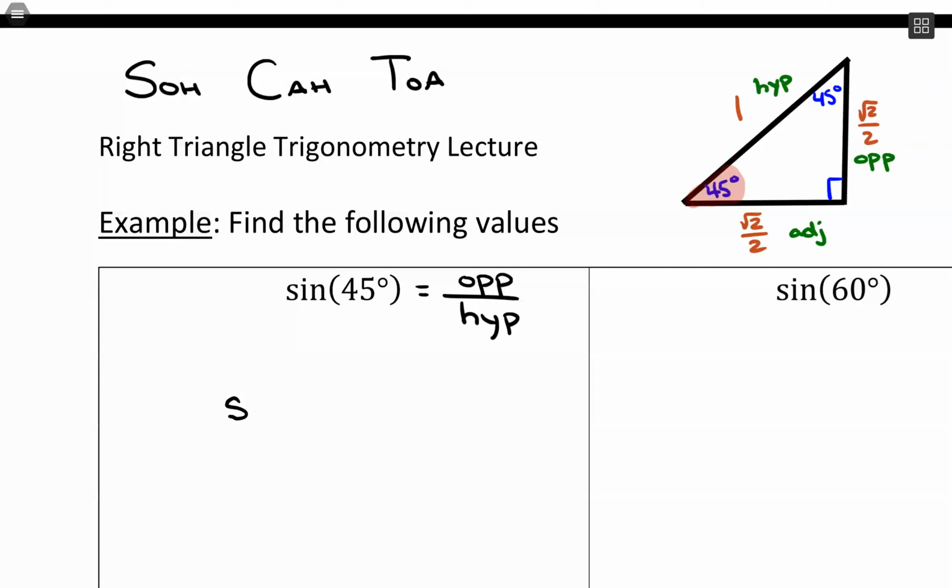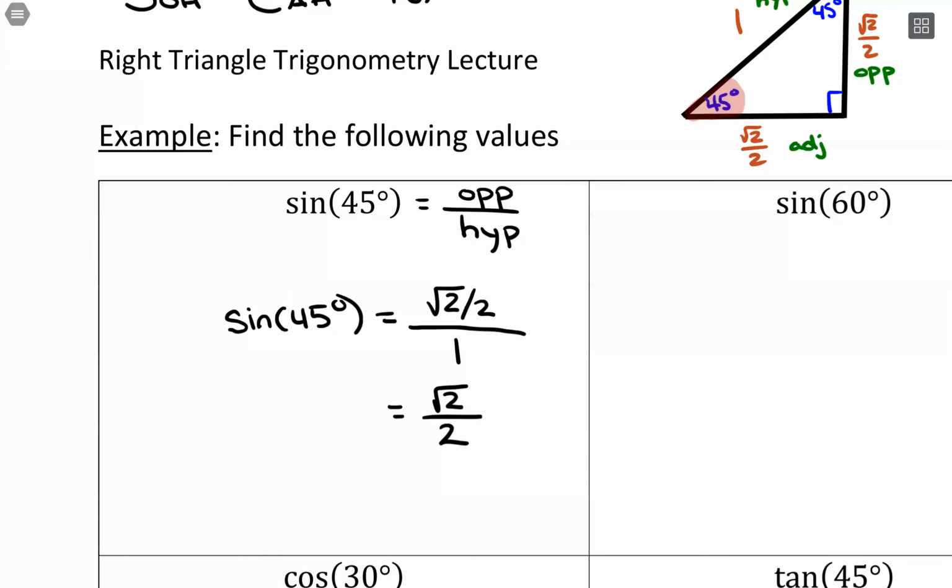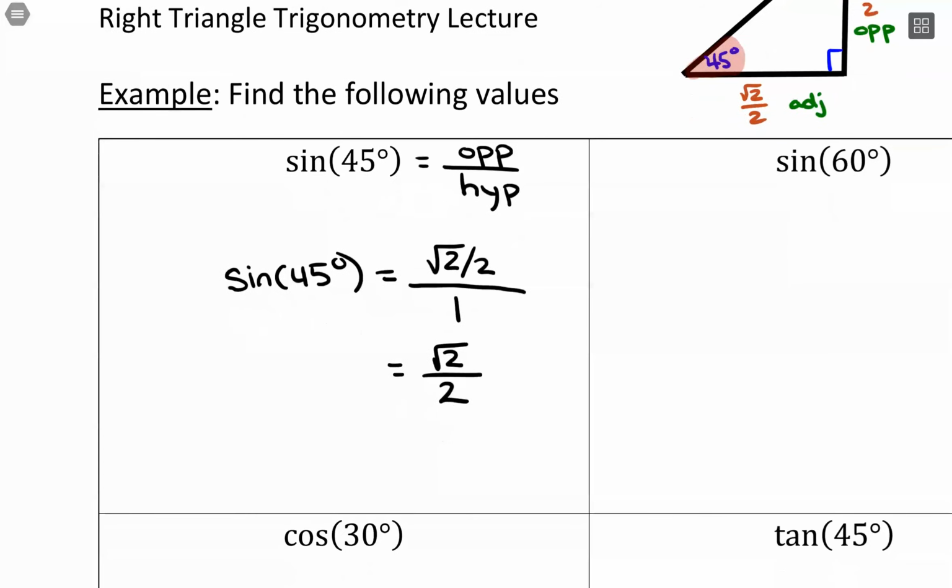So that means sine of 45 degrees is going to be equal to our opposite side, which is root 2 over 2, divided by the hypotenuse, which is 1, which means we're just getting out root 2 over 2. And that's going to happen with these ones where we're dividing by the hypotenuse. It just kind of goes away. So all we're really left with is that opposite side.